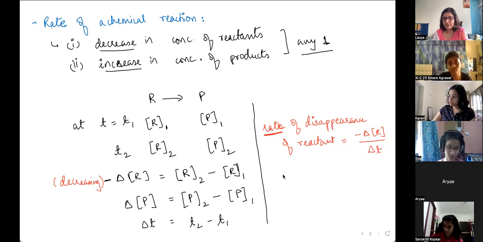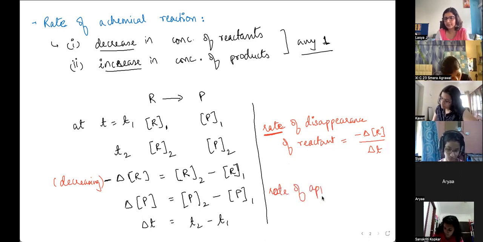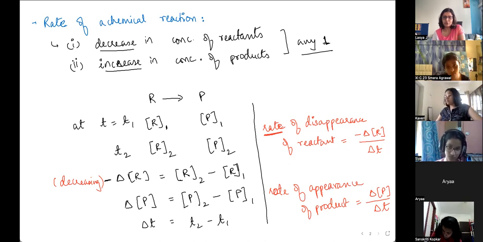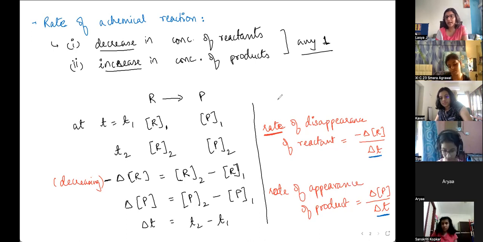And same thing, if you want to look at it with respect to products, then you'll get the rate of appearance of products, which will be equal to the change in concentration of product per unit time. So these quantities, if you're looking at it over a broad range of time, since you're using delta T, would come under average rate.